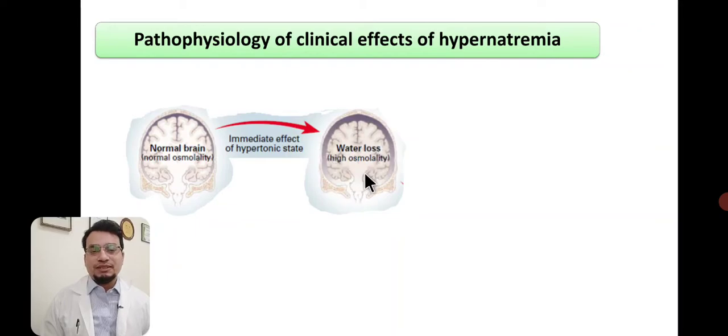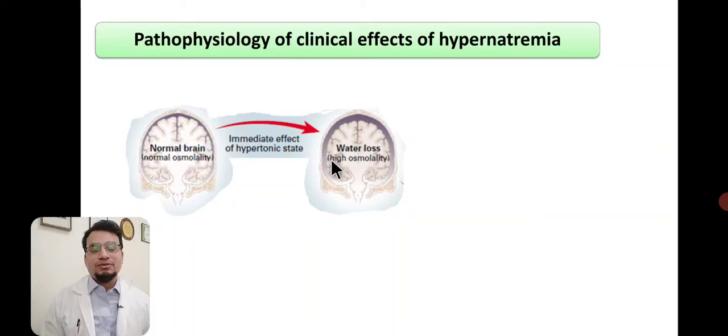That is the immediate effect, but over time the cells accumulate organic solutes, and that helps the cell to regain its size, and the cell shrinkage goes back to normal cellular shapes.